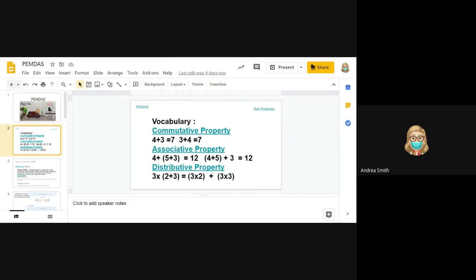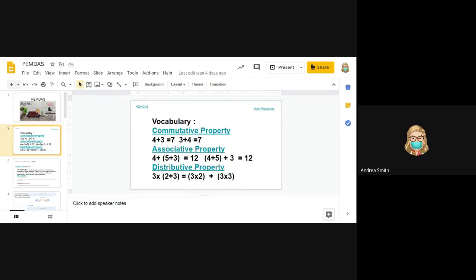For example, the very first one is commutative property. Commutative property is probably the easiest one, because all it states is that you can move numbers around and still get the same answer. For example, look at the one listed right below commutative property.